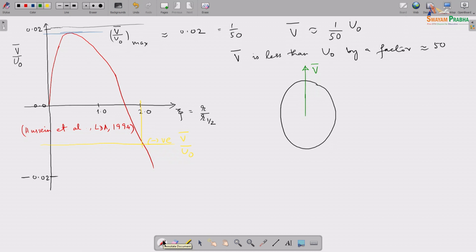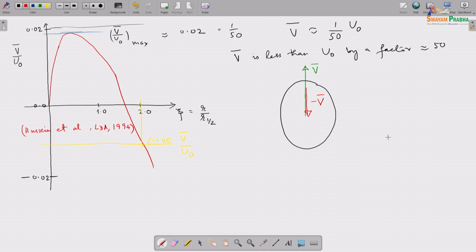If this becomes negative, then the velocity is pointing this way, and x is of course coming out of the plane of the board.